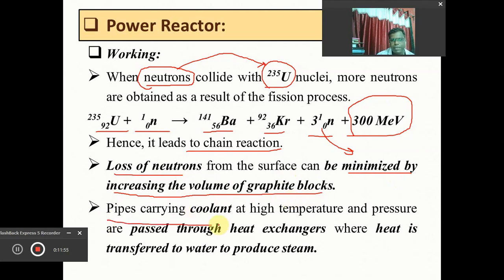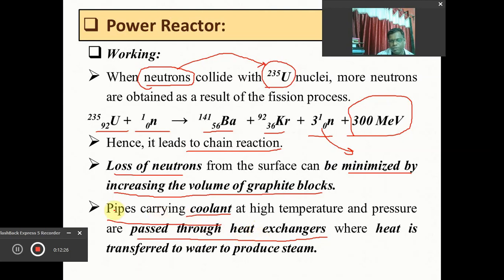And the pipes carrying the coolant, through which the steam or the heat generated is flowing, carry the coolant at a high temperature and pressure and are passed through the heat exchanger. So these pipes are responsible for preventing loss of heat.